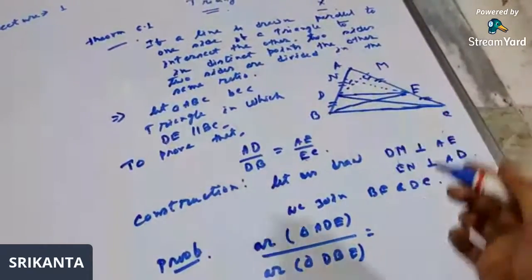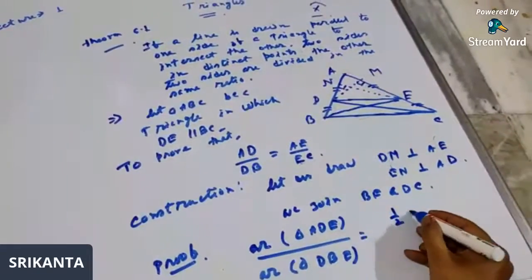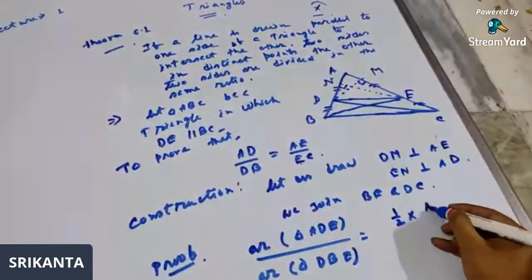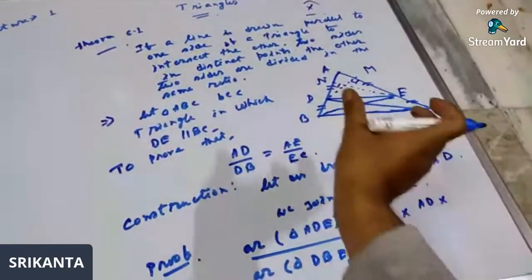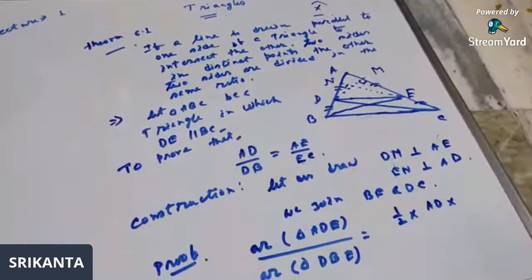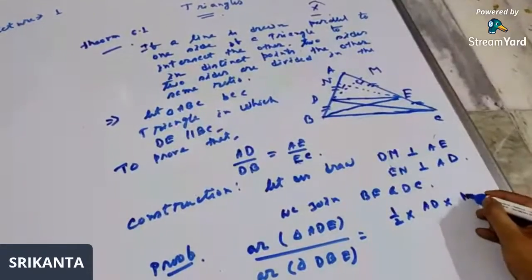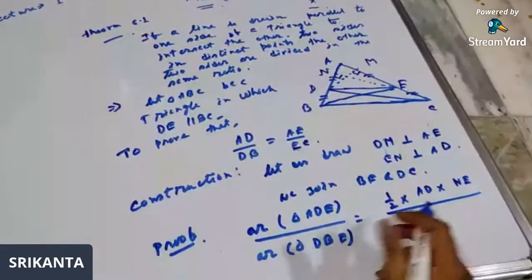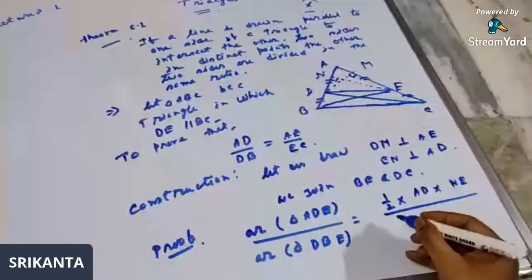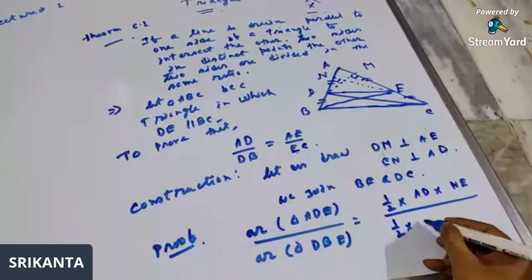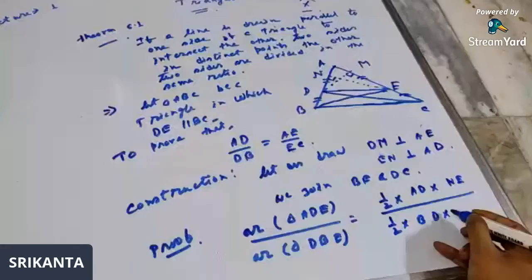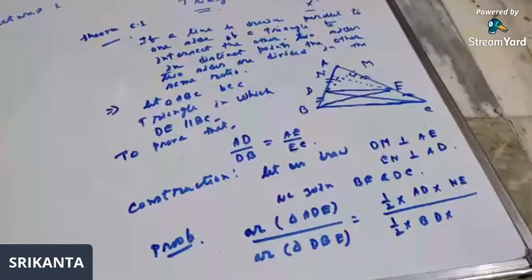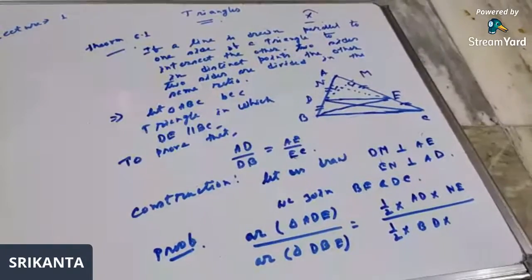So the area of ADE will be half into base, here AD, into height, the perpendicular we have drawn. And the area of triangle BDE will be half into BD into, see, EN is the height for this triangle also.